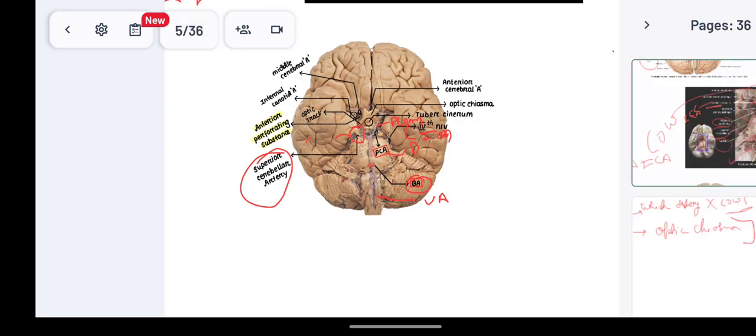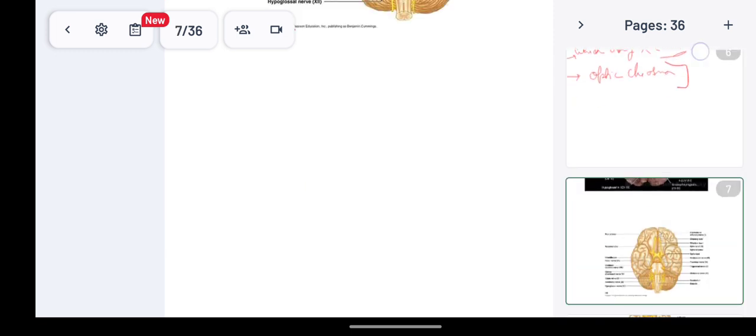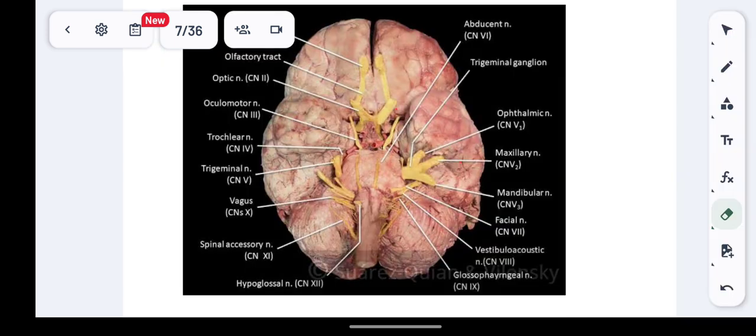Okay, then yeah, this is over, and now coming to the cranial nerves. What we have to remember, we have already done half of it, is the blood supply.